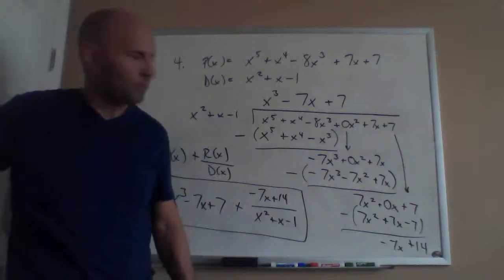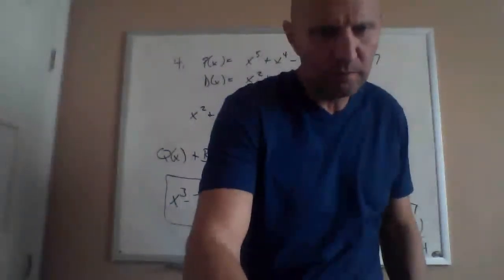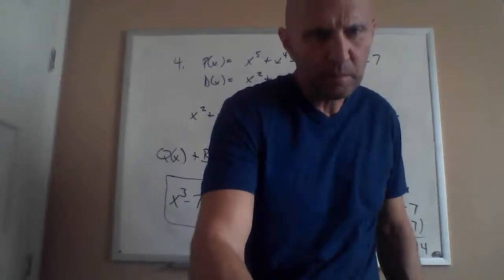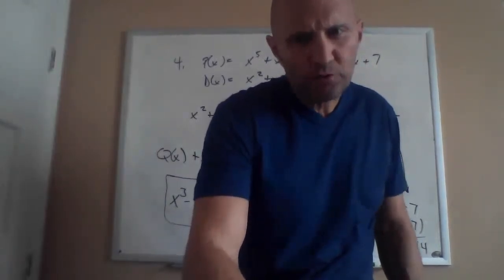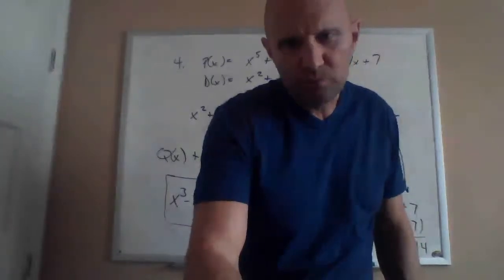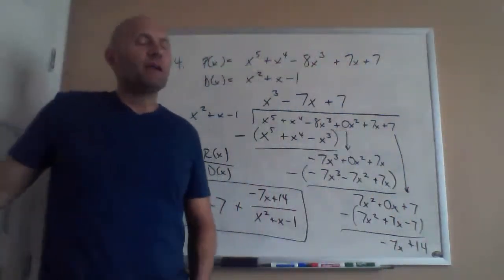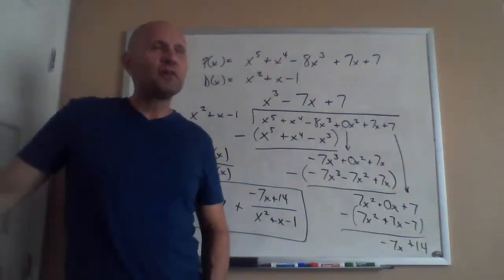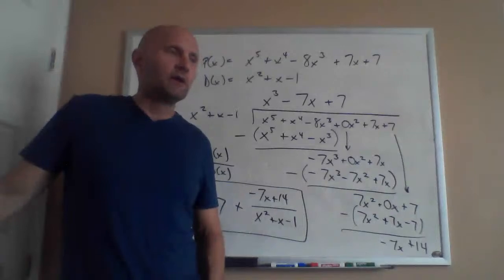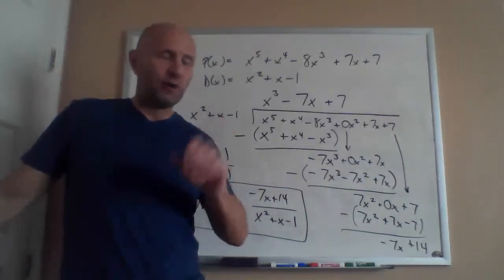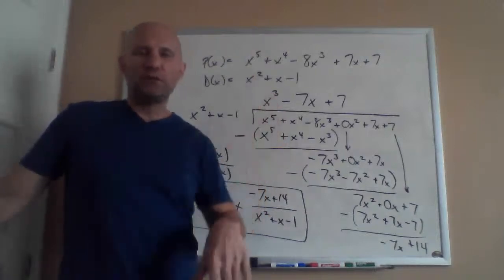Question 2 from the homework. Okay, let me pull up question number 2. So the answer to Wilson's question is, as far as you guys are concerned, you can't do synthetic division with number 2, because you can only do synthetic division when it's x plus c.